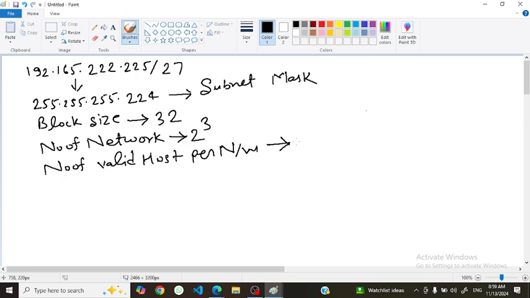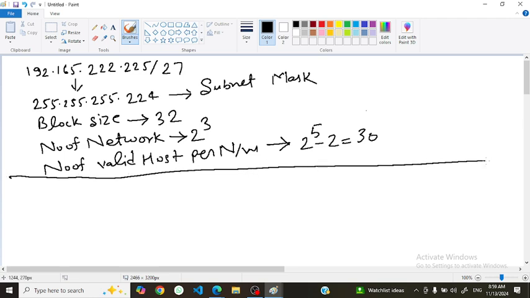Subhajit, number of valid hosts per network, what will be the value? It's 2 to the power 5 minus 2, 30. Okay, so now we have to write the ranges of the IP addresses.